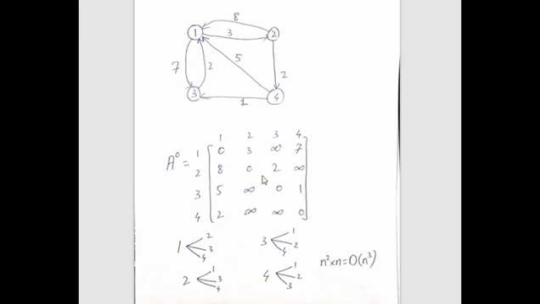How to take those decisions? Let's suppose the direct distance is 8, but in the other case I have another vertex here, and the cost from 1 to this one is 2, and from this one to the destination is 2, so I am getting the cost as 2 plus 2, that is 4.